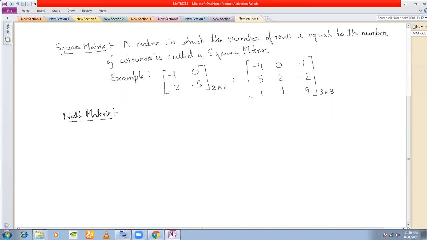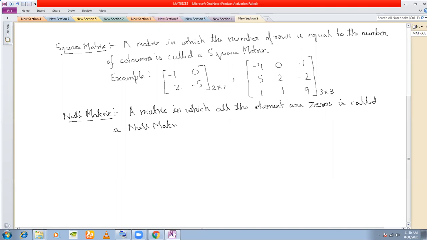Null matrix, also called a zero matrix. A matrix in which all the elements are zeros is called a null matrix or zero matrix.